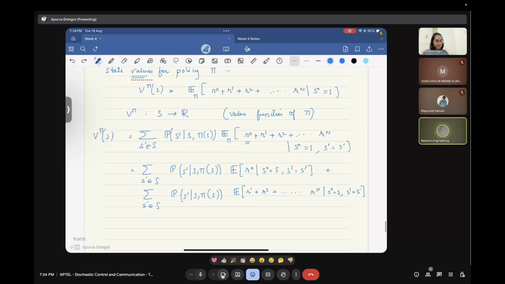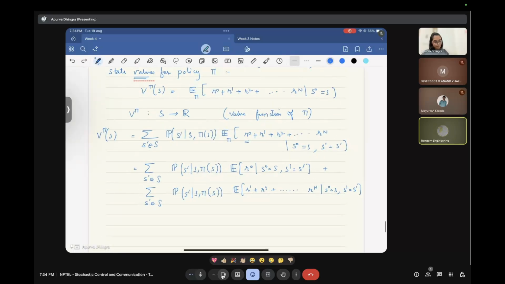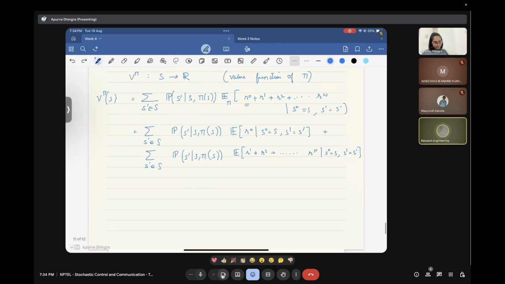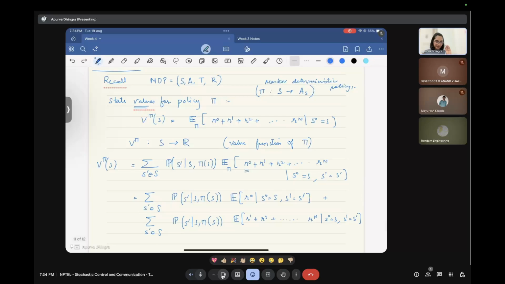Okay, wait. This is now becoming complex. We are making only the Markov case, right? Like I said earlier, we're restricting ourselves to Markov deterministic policy. Then it makes sense, because everything is known, all three.